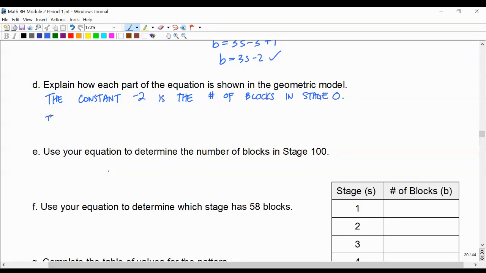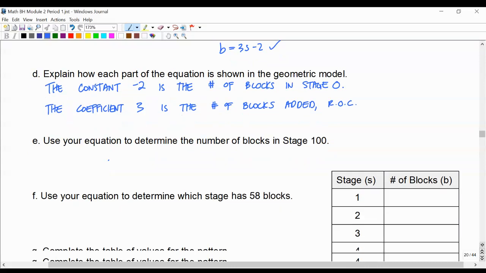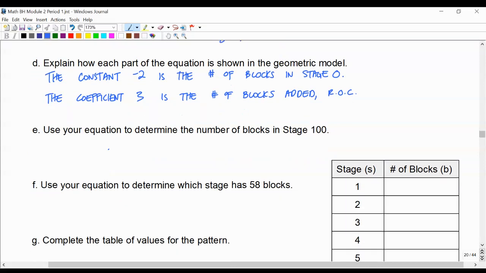It was a 3. The coefficient 3 is the number of blocks added, or our rate of change, our growth rate. Every time we add 3 blocks after a stage passes by.